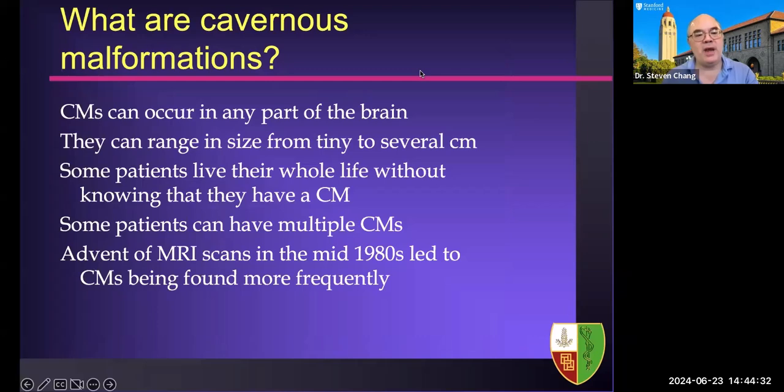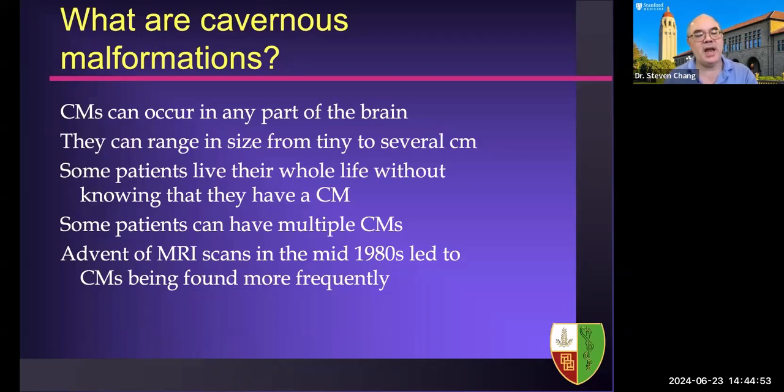We know that cavernous malformations can occur in any part of the brain, and they can be very tiny, essentially a millimeter in size, barely visible on imaging studies, to several centimeters. You can have a 2-inch cavernous malformation, for example.